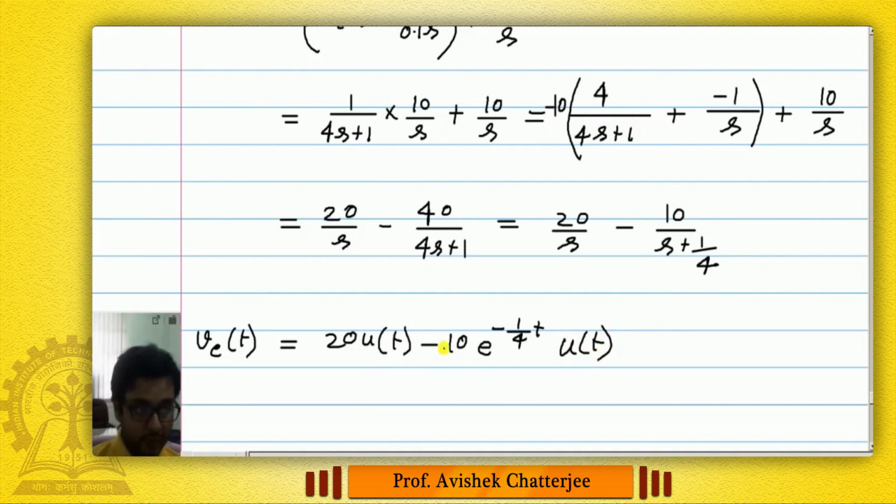Okay, let me check my answer. So VC at 0 plus seems to be 20 minus 10, that is 10.